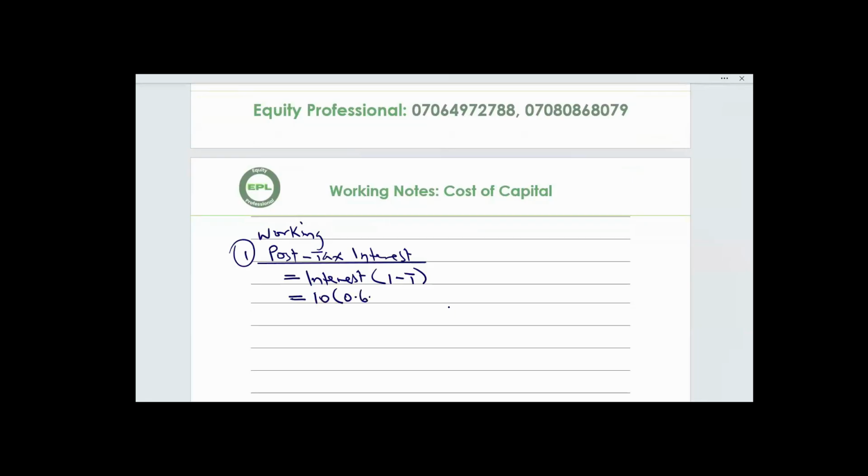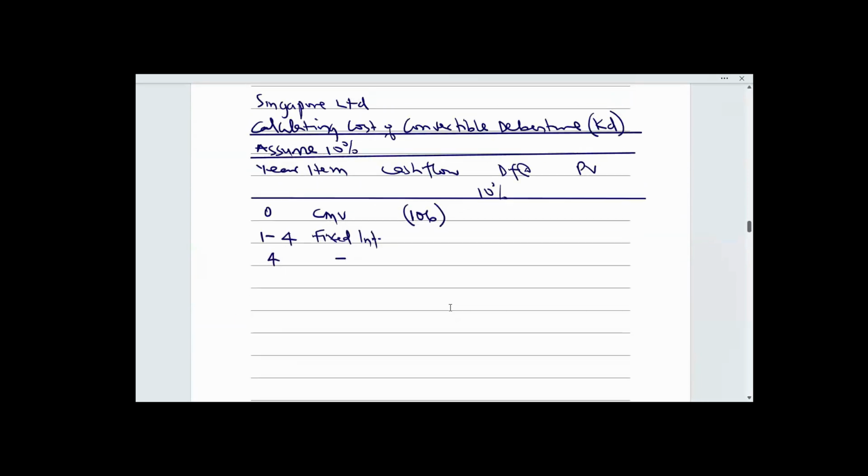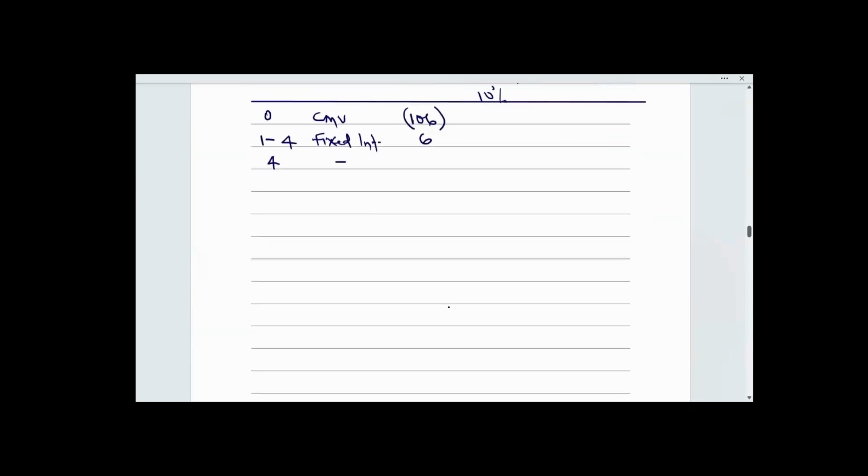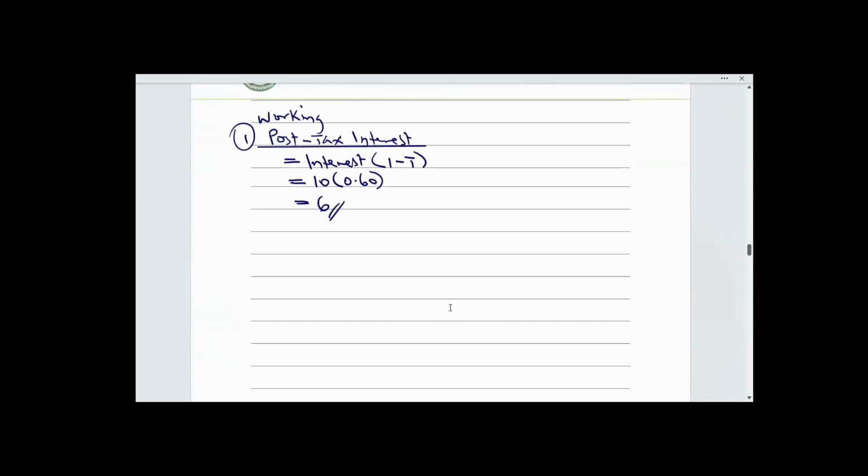That means we are supposed to account for 60%. So this is 6 naira. Okay, so I will then come here. Annual interest per unit is 6 naira. Then I need to go and do working again to confirm whether the investor will be able to convert to ordinary share capital or they are going to redeem the debenture. So let's go and do our working. Working number 2, we need to calculate the conversion value.